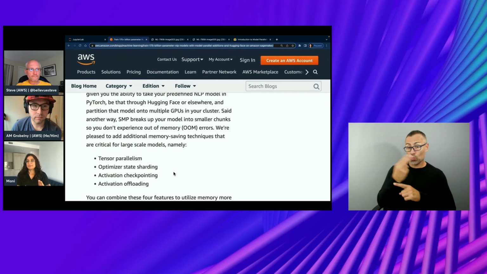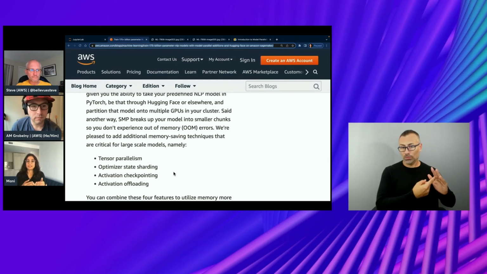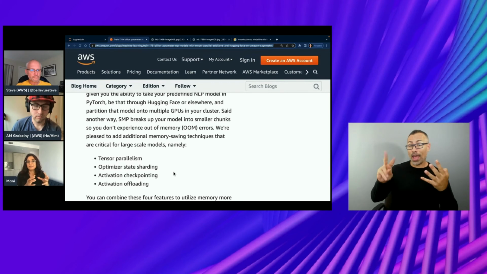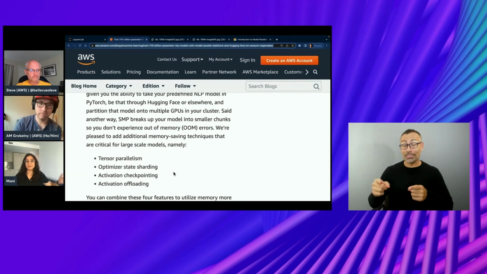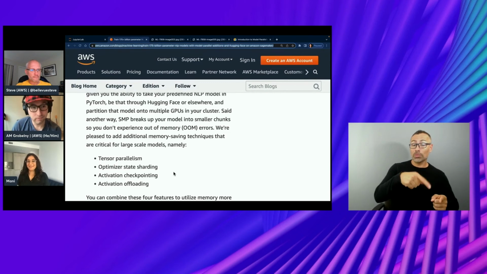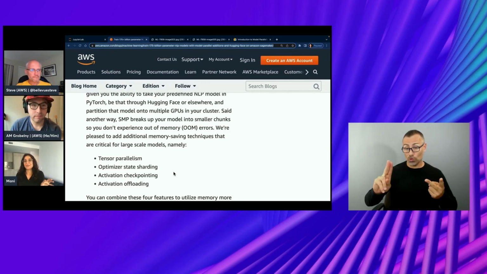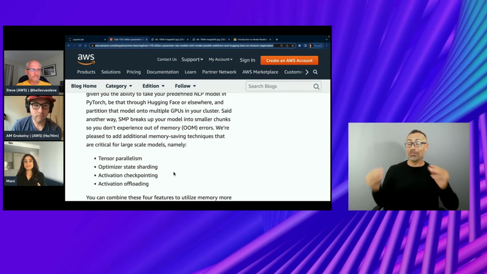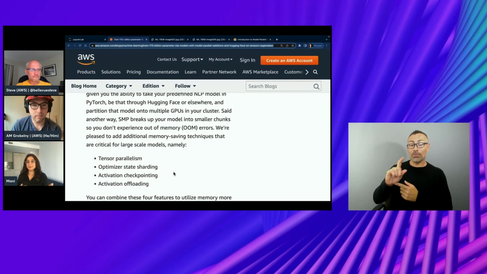And then to go further, there is activation offloading, because all the instances, if they have GPUs, they also have CPUs, right? So why make them sit idle? Why not use them? Activation offloading goes beyond that, by offloading your activations to the CPU memory when they are not in use.